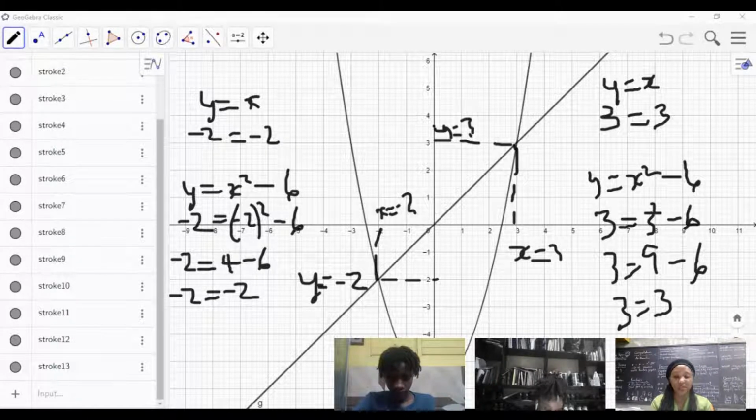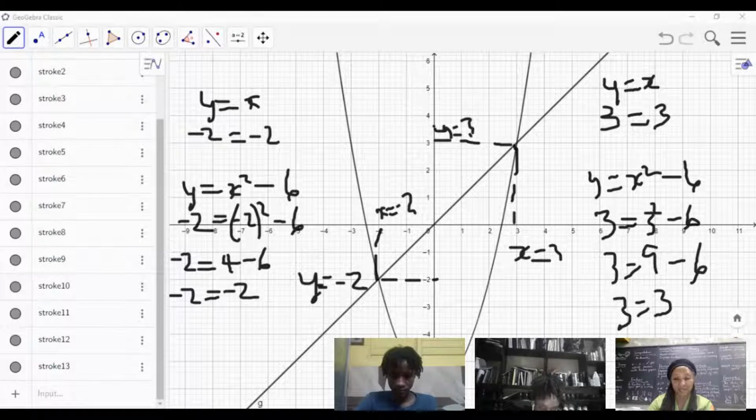Some persons refer to it as a smile. If it is a negative coefficient for the x squared term, it would be the opposite way, looking more like a frown or part thereof, depending on what the domain is. But the idea is we find the points of intersection. There are usually 2 points of intersection.